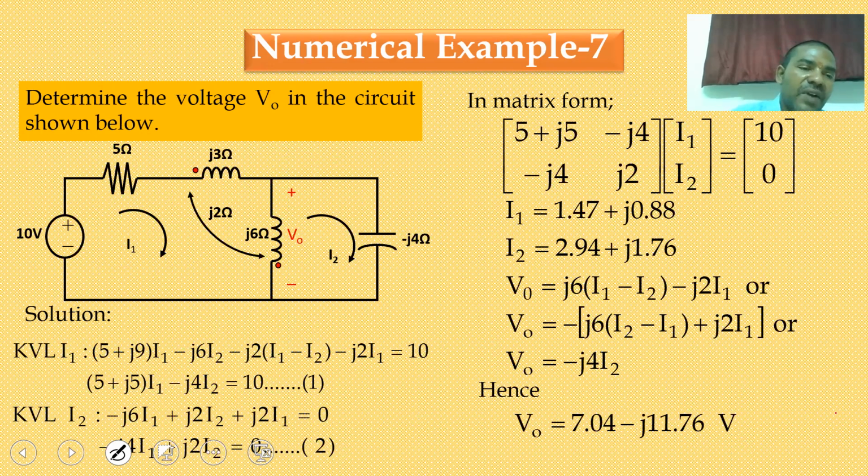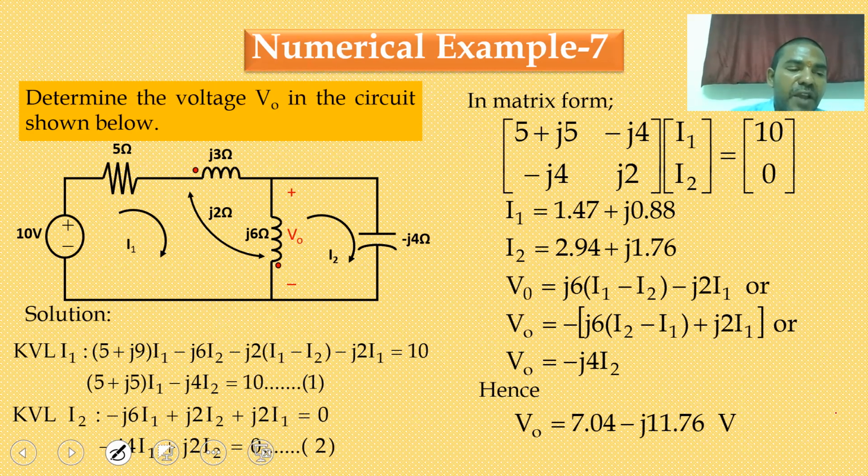First, the I1 current at J3 is starting dot, the I2 current at J6 is starting dot, and the I1 current at J6 is ending dot. That means the mutual inductance must be negative for I1. Now the total impedance in the first loop is 5 plus J3 plus J6.